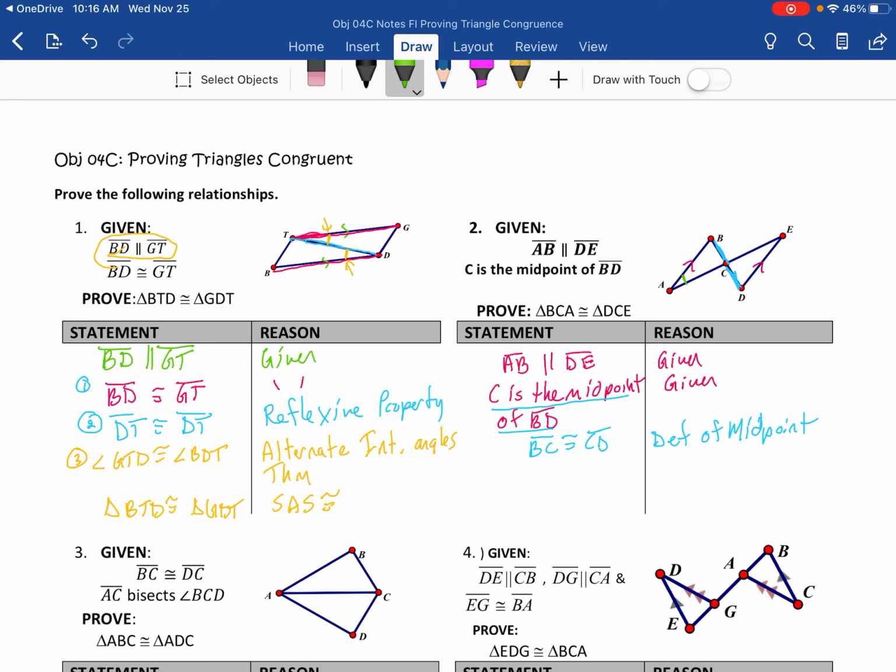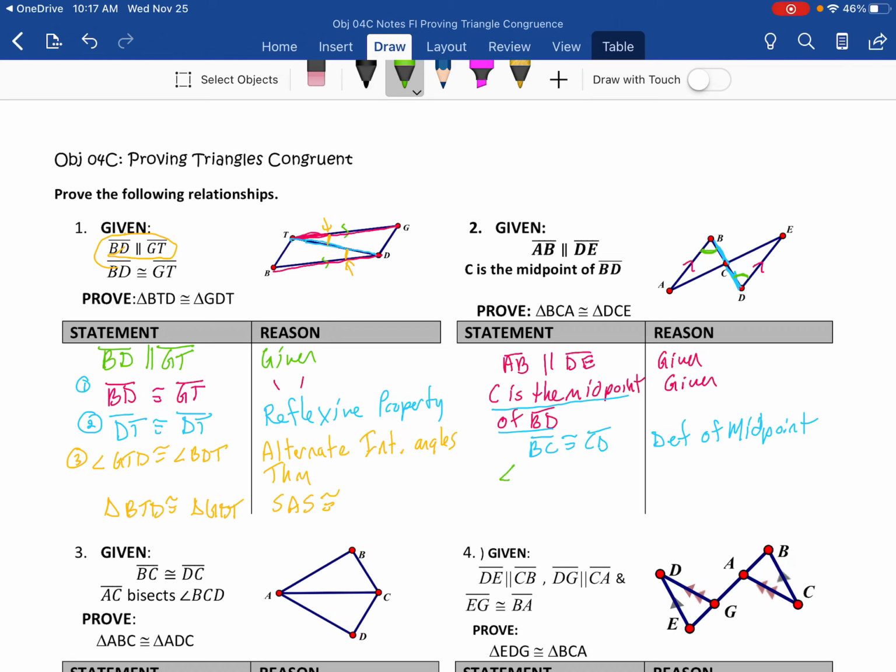So for this, I also know that, actually I'm going to backtrack just a sec, sorry about that. I know that this angle has to be congruent to this angle because they're alternate interior angles and those lines are parallel. So do you see that they're both on BD and then the other side of each angle is a parallel line? That's how you know.